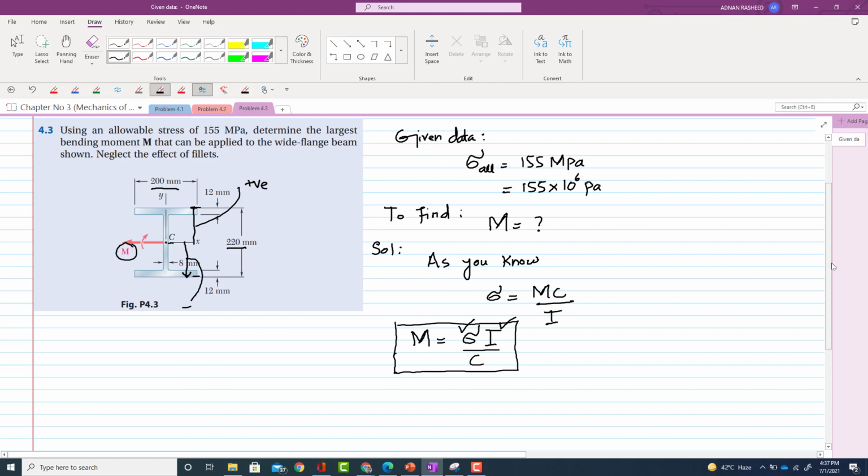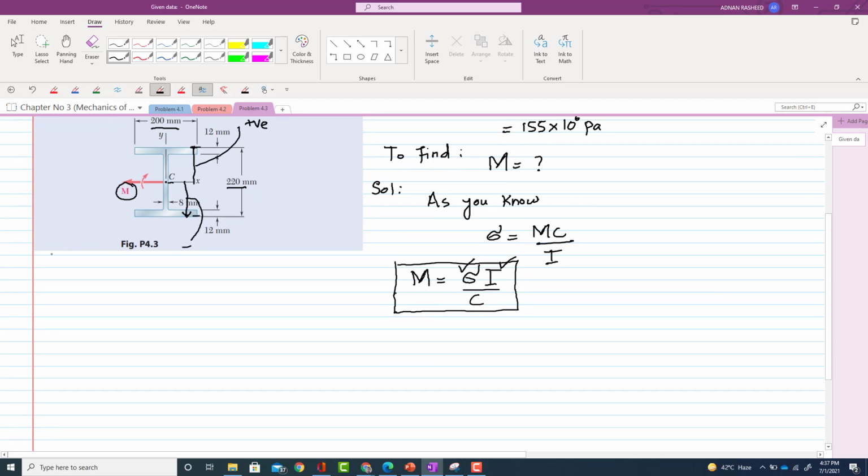So let's start by first calculating the value of I. Basically you have to find the value of I for this beam. Again we will divide this beam into 3 portions. So let me draw this. This is the top flange, this is the web, and this is again the bottom flange.